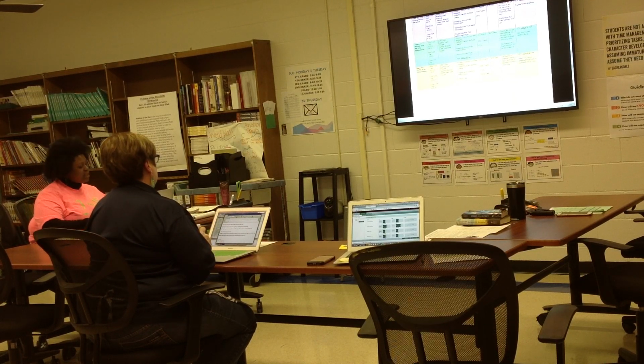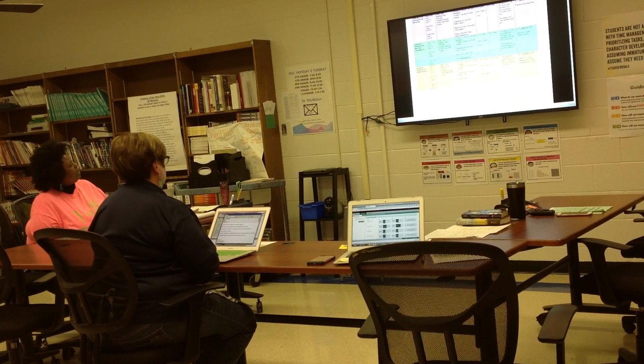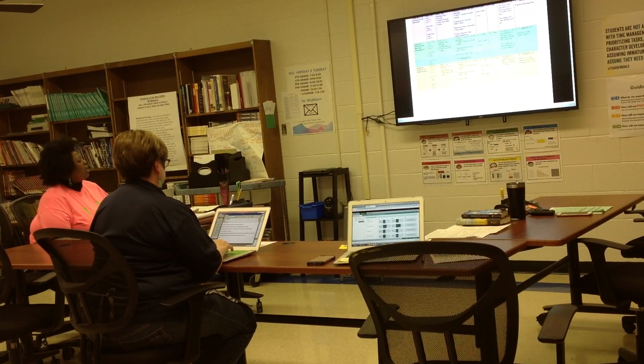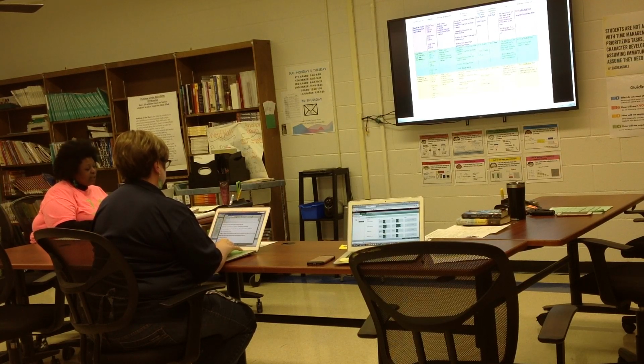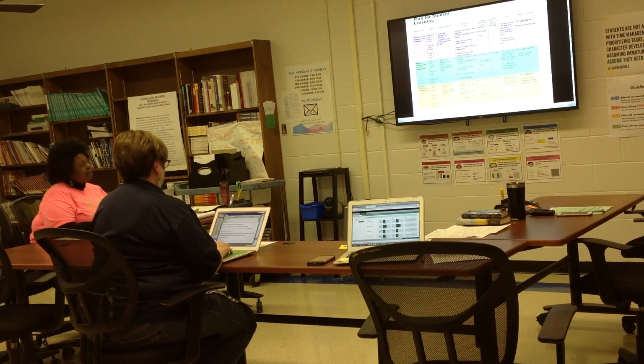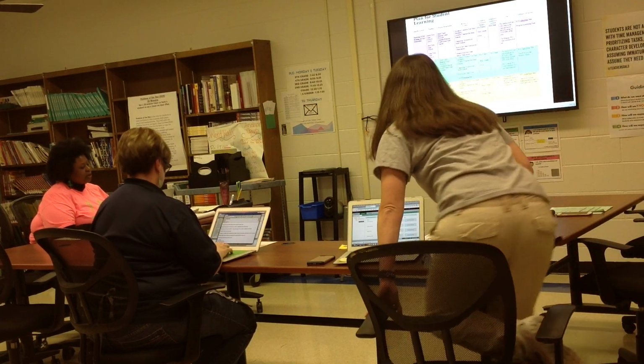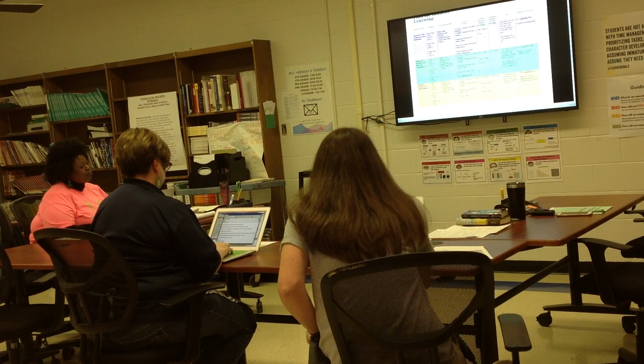And then the last one that we added was implementing the Freckle resource. And the remaining pieces are the same, with the exception of Freckle data being added to the resources needed. Thank you, Ms. Cook. And Freckle data was added to the formative assessment method.